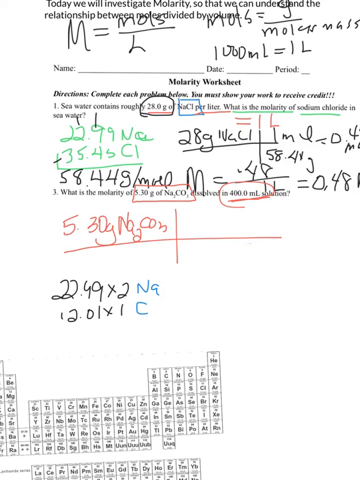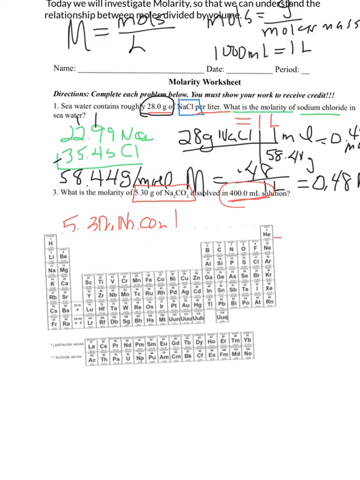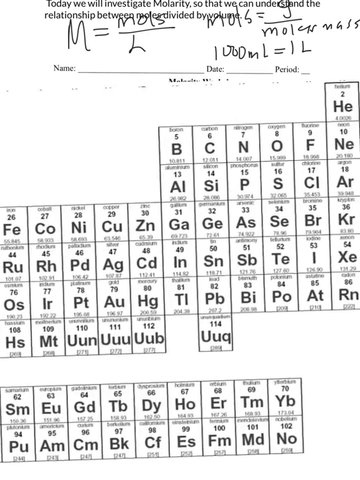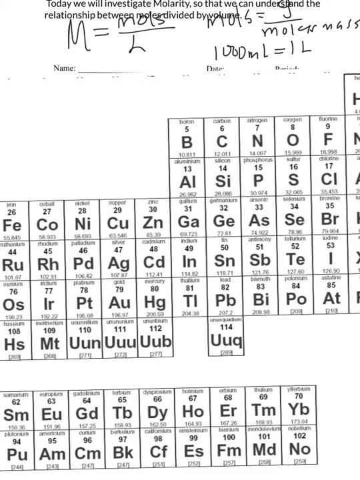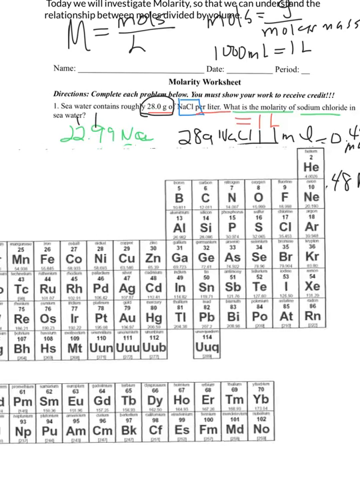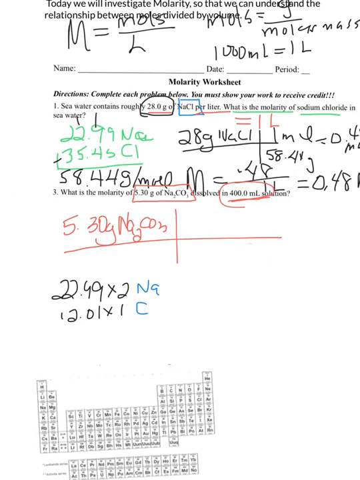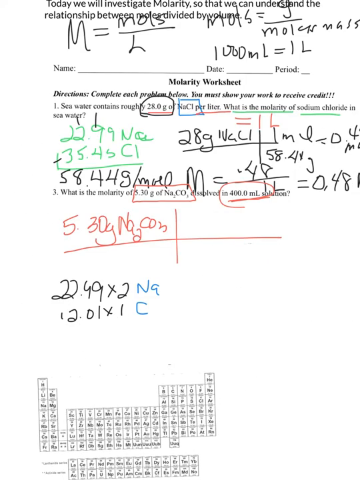Next thing we need to look at is oxygen. Hopefully by now you know what oxygen's mass is. 15.999, which we round to, say it all together, 16. That's right, 16.